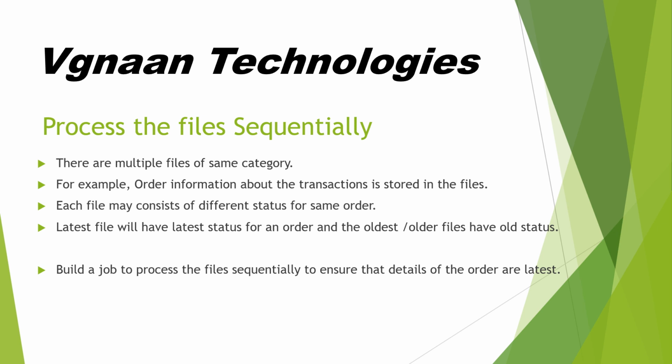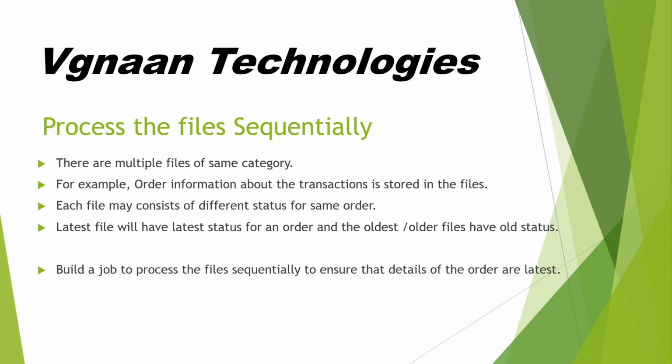So let's understand the scenario here. The scenario is like this: process the files sequentially. What does it exactly mean? There are multiple files of the same category present in the folder, and let's assume these files consist of order information about the transaction.